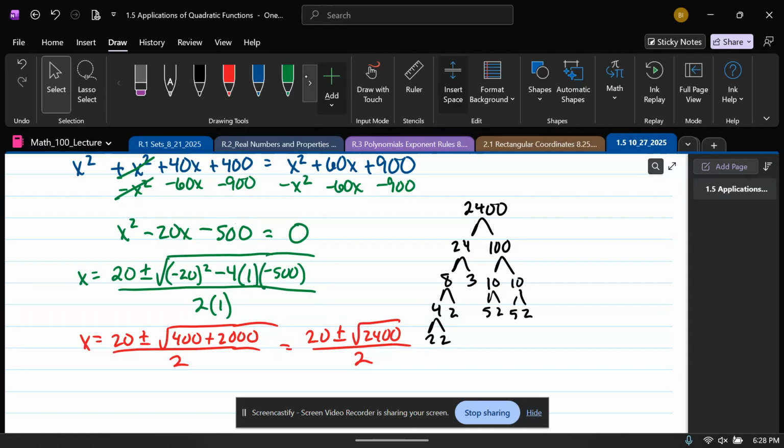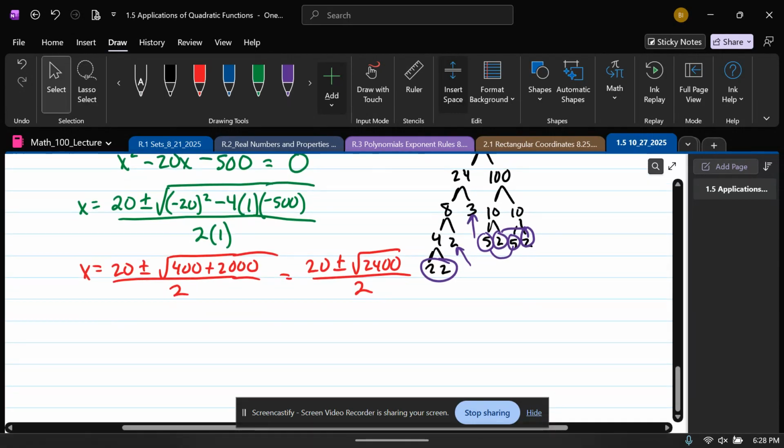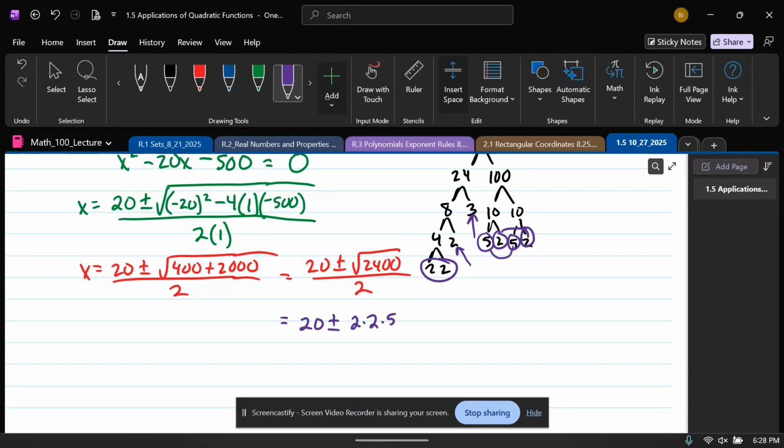So I've got a lot of stuff in there. I've got a pair of 2s here, a pair of 5s here, and another pair of 2s there. Then I have a 3 and a 2 left over. So I have 20 plus or minus 2 times 2 times 5, radical 6.